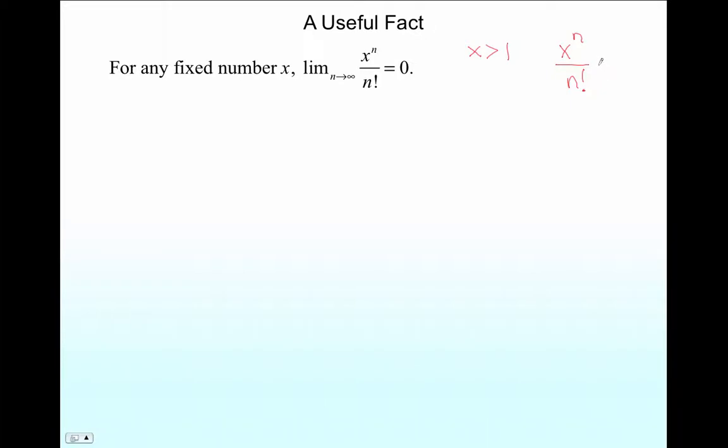Now this is not altogether clear, because x to the n becomes larger and larger as n becomes larger, but so does n factorial. The question is, which of these wins?